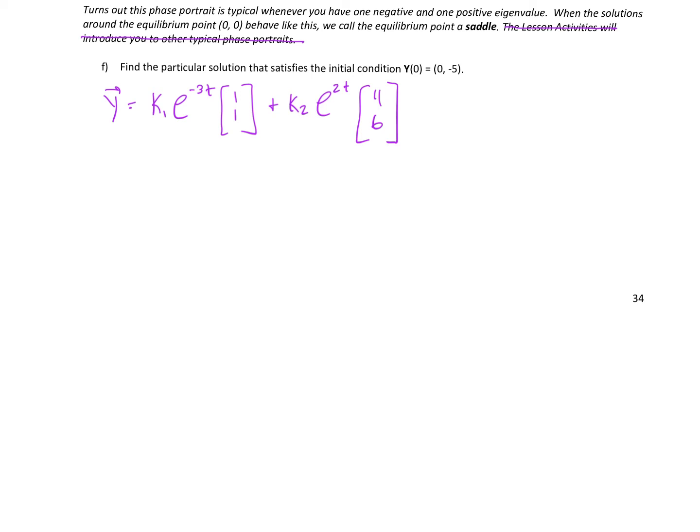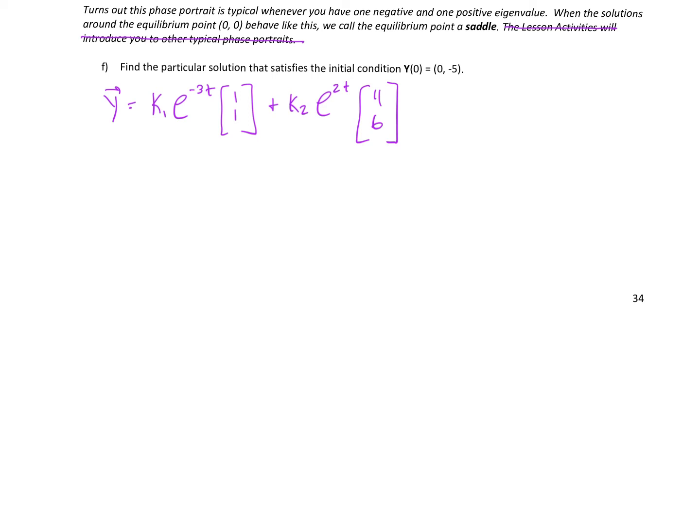And then I have two equations that I create from the top entry of each vector and the bottom entry of each vector. So this says that k1 plus 11k2 equals 0, and k1 plus 6k2 equals -5.